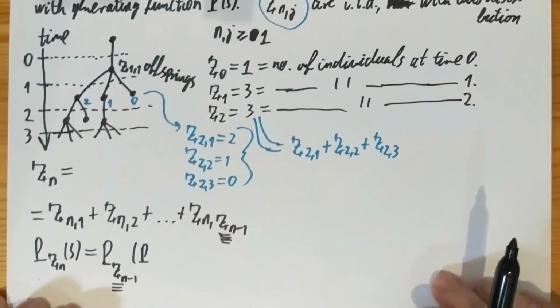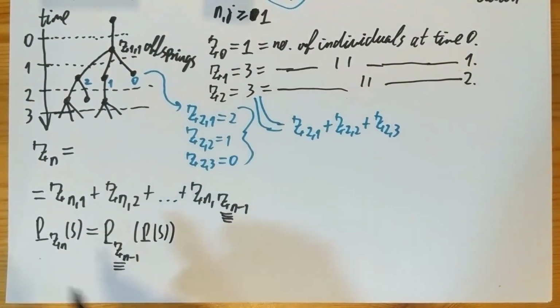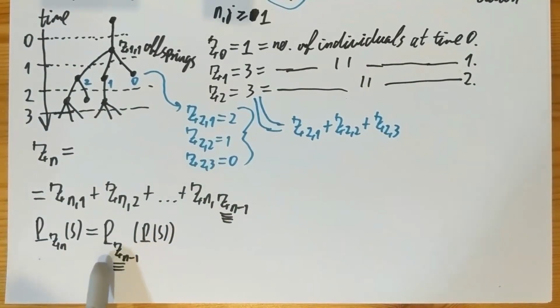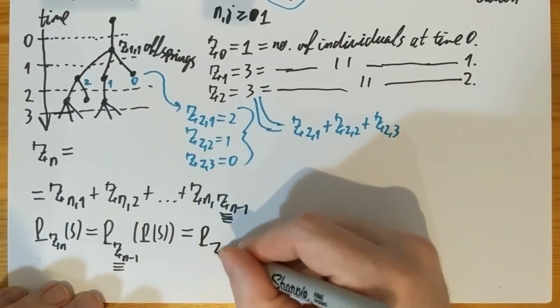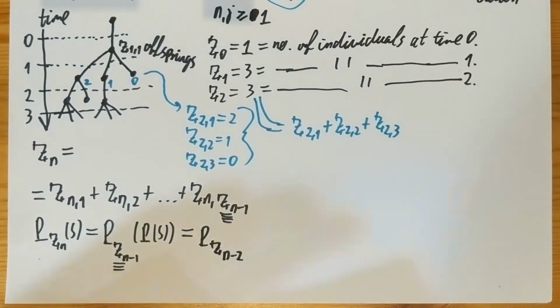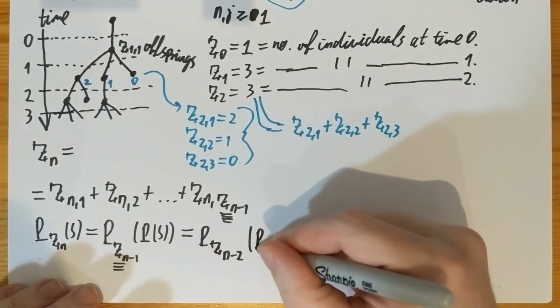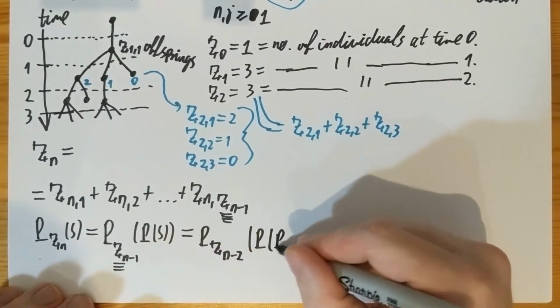So this many random variables are added up, each with generating function P, and so the generating function at time n is going to be the composition of the generating function at time n minus 1 and the independent offspring distribution's generating function. But of course I can keep going, and I could say it is the generating function at time n minus 2, at the generating function of S, except that I don't have S, I have P of S.